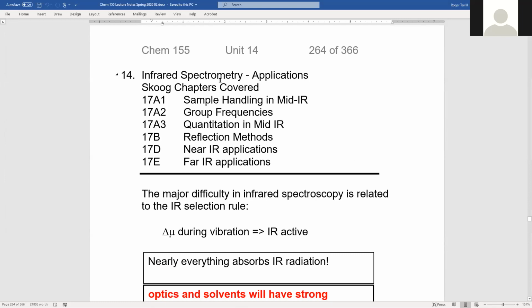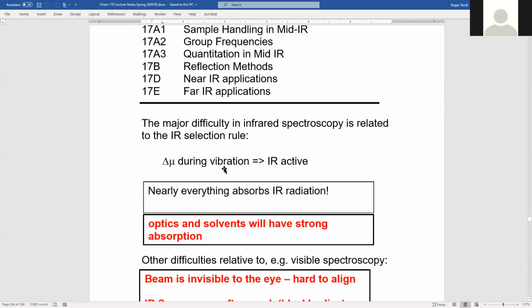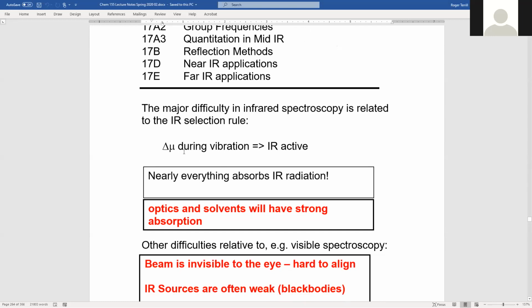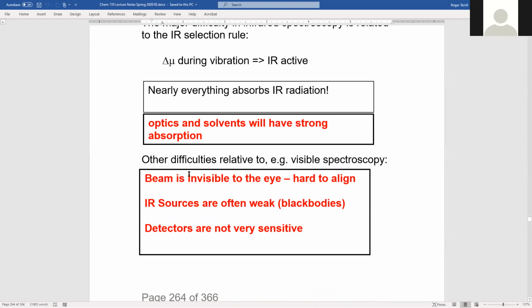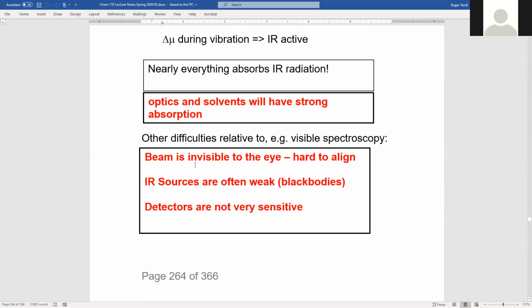Now, there's a short topic here on infrared spectroscopy and the applications of it. As everybody here knows, infrared spectroscopy is a little bit tricky because optics and solvents have strong absorption, and the infrared beam is invisible, so it's hard to align.